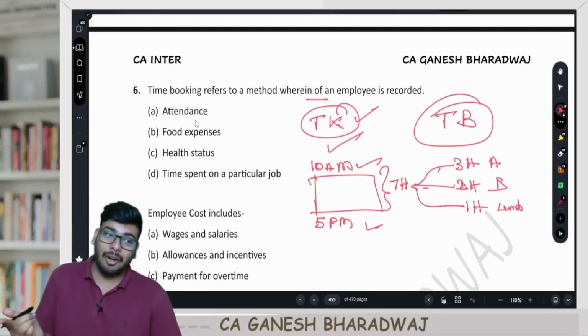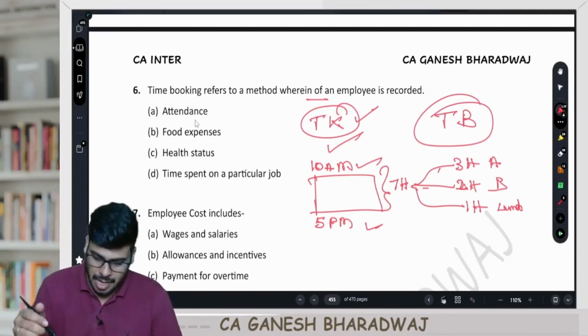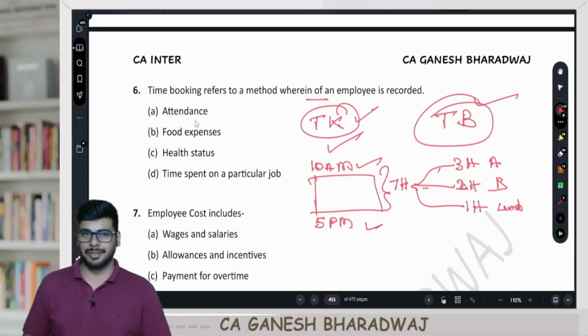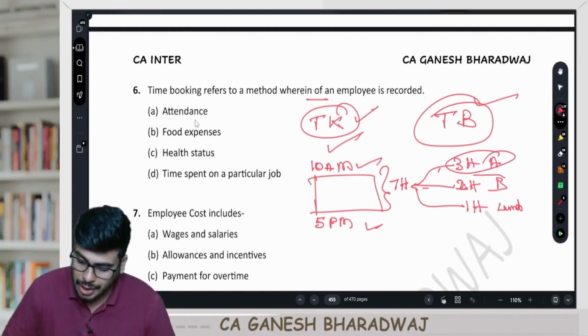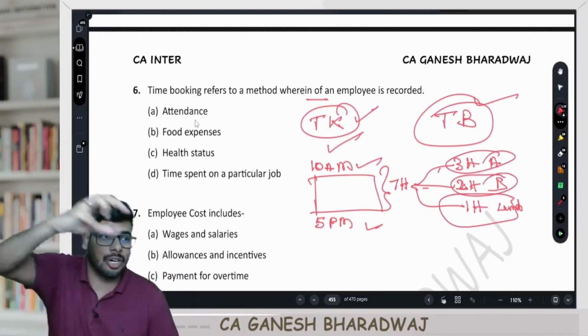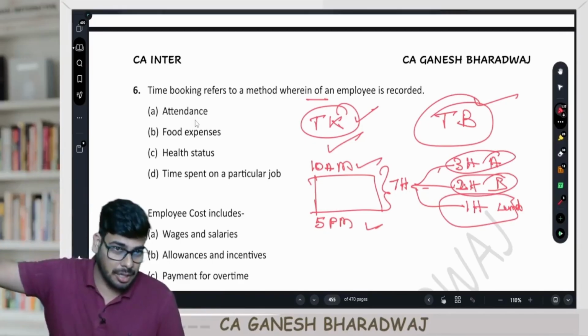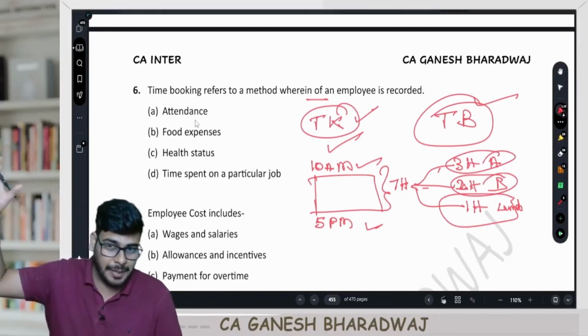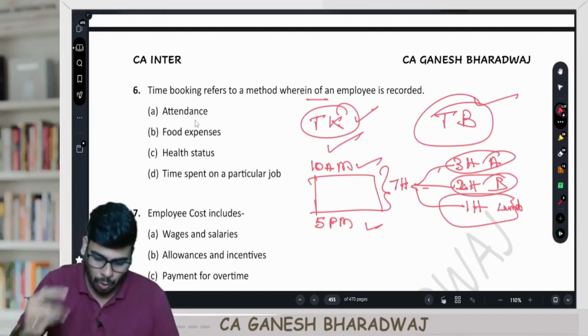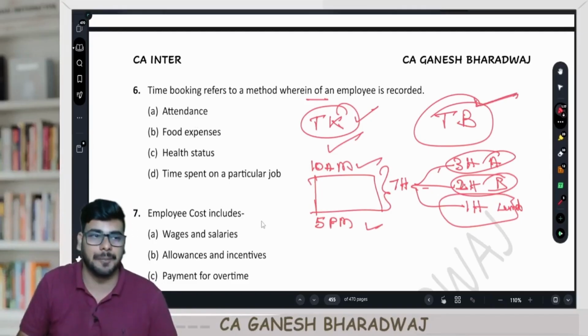Where all he spent the time is captured under time booking. Based on this, you record your journal entries. From the wages control account, you take it to the respective job account, WIP ledgers, or abnormal item, only based on time booking.